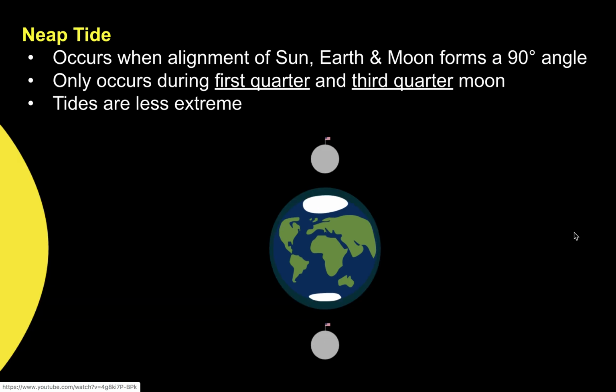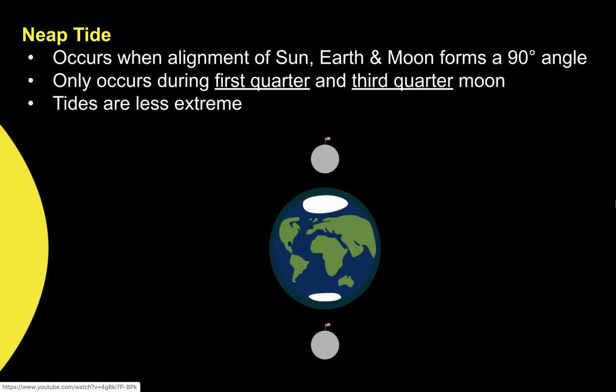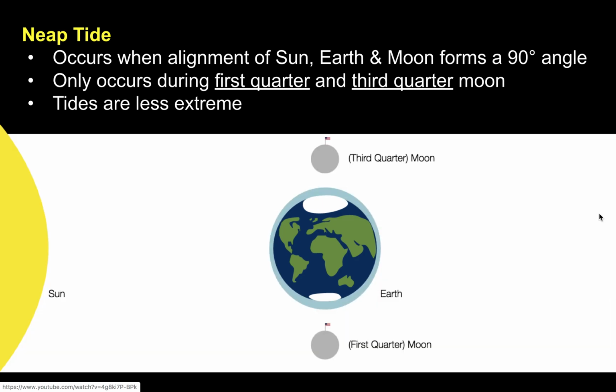The other type of tide is called the neap tide. And that occurs when the sun, Earth, and moon are at a 90-degree angle. If you remember our moon phases, this would occur during the first quarter and the third quarter moon.